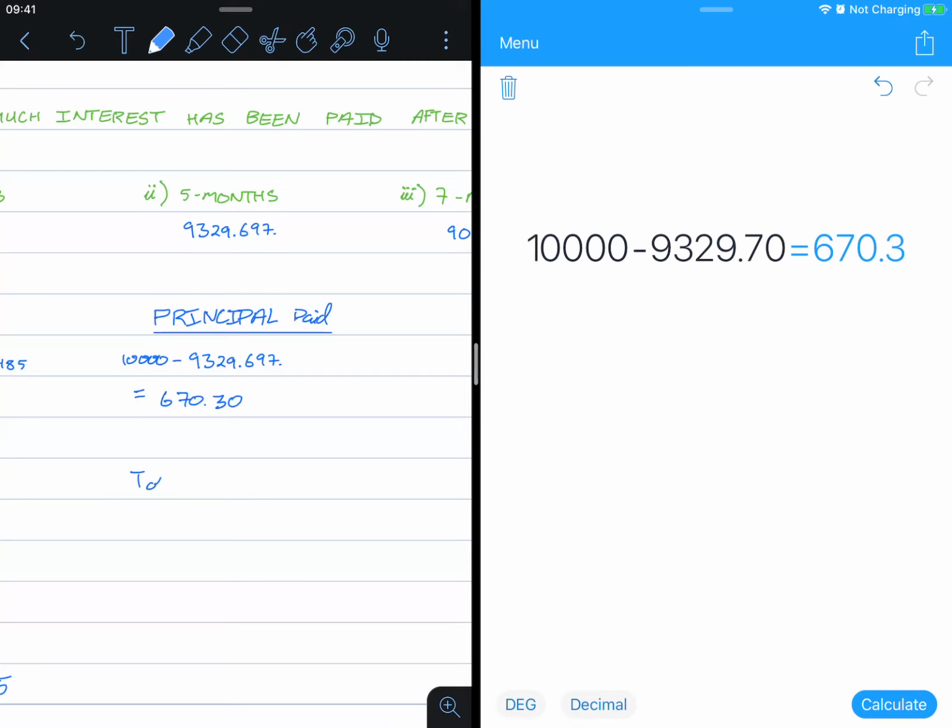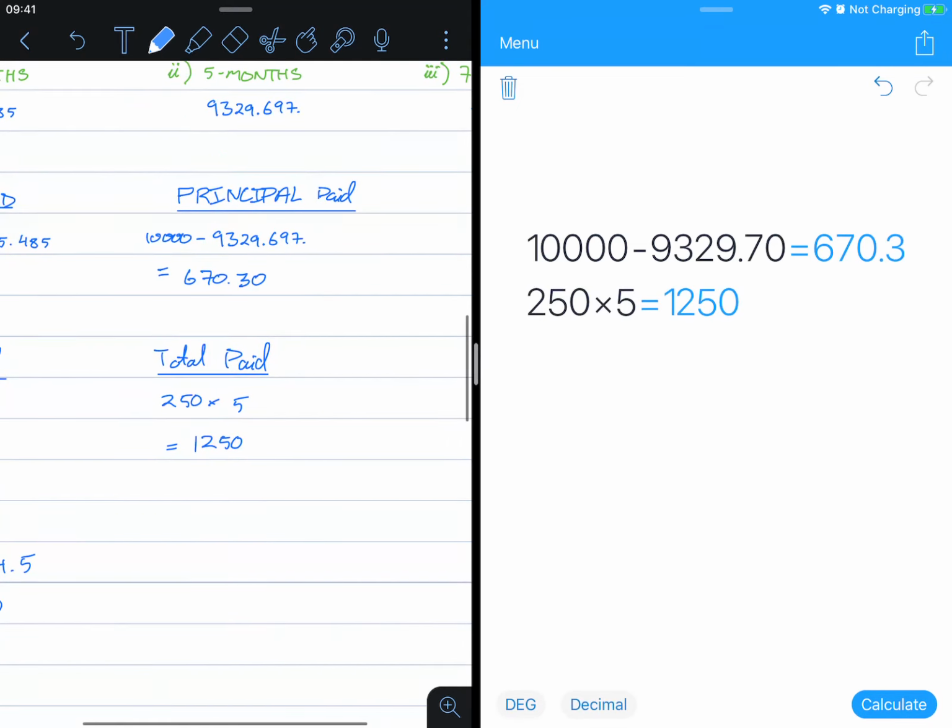The total amount paid now, well, at 5 months, they make $250 installments by 5. Well, they've paid a total of $1,250, which means the interest is going to be 1250 minus 670.30.